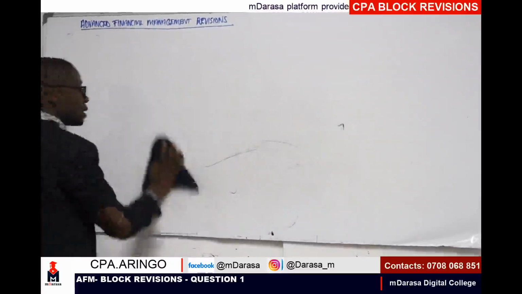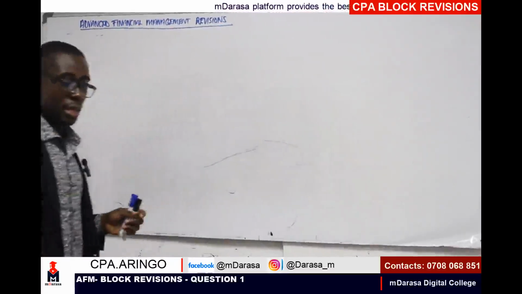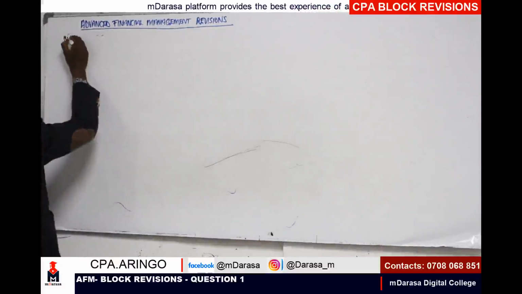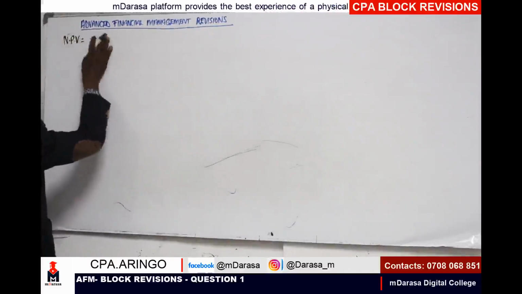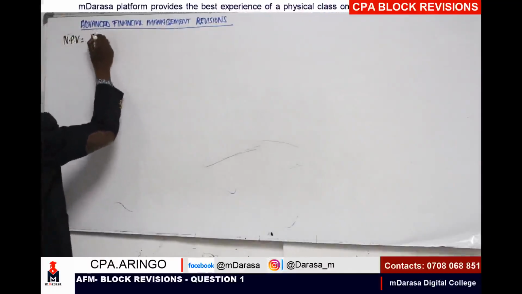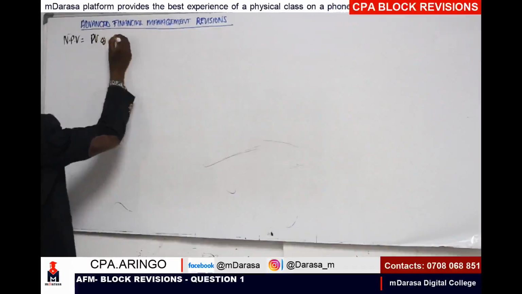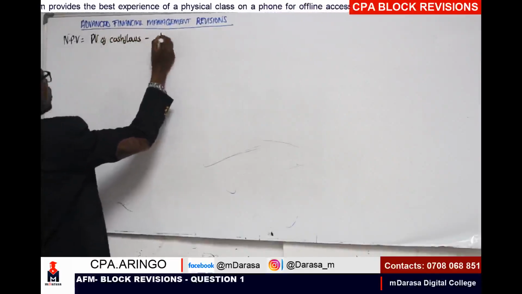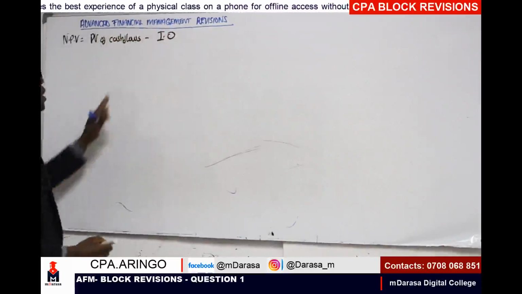We've agreed that I'll be talking of our net present value. Breaking down net present value, we should always have the present value of cash flows minus our initial outlay. That is in the event that I am not having the terminal cash flows.